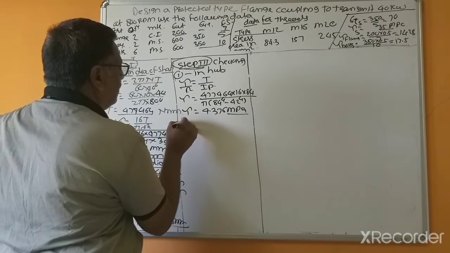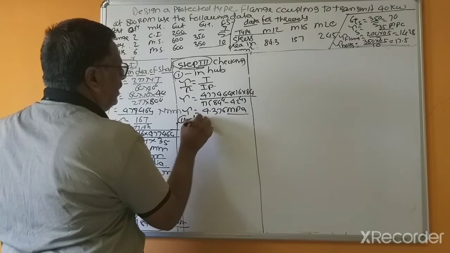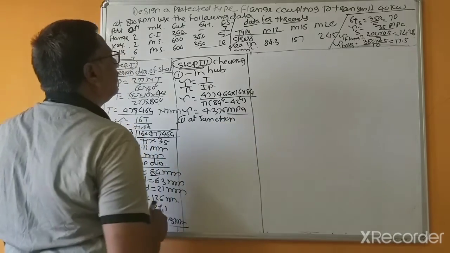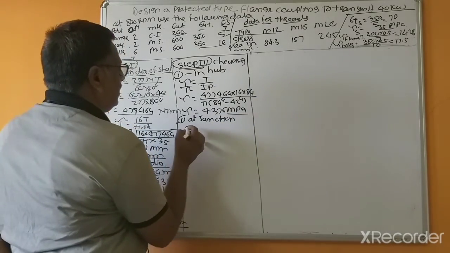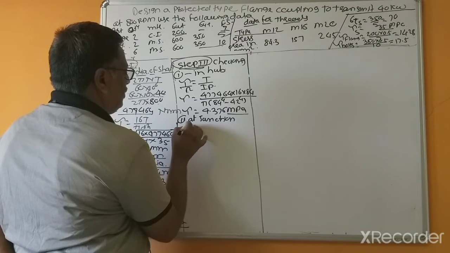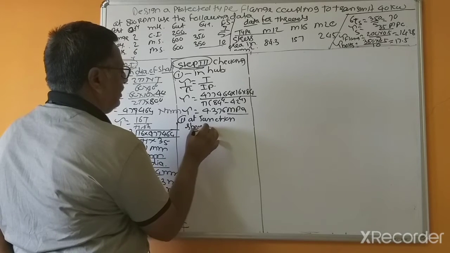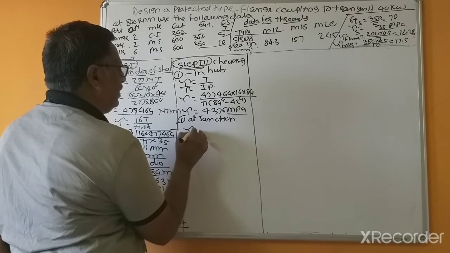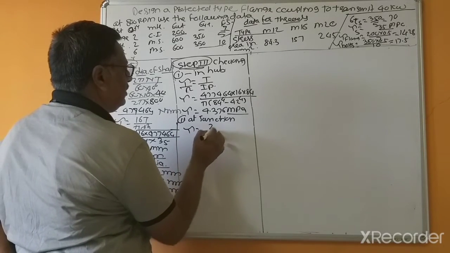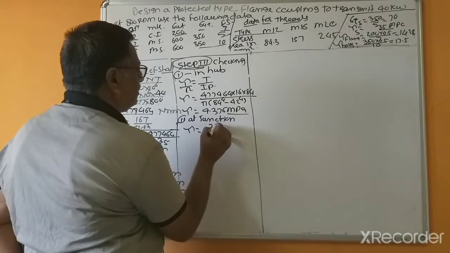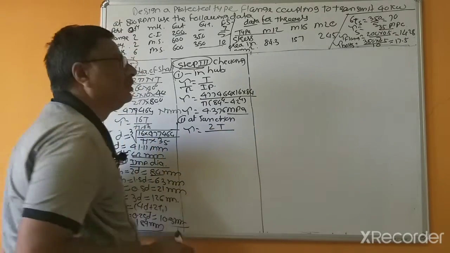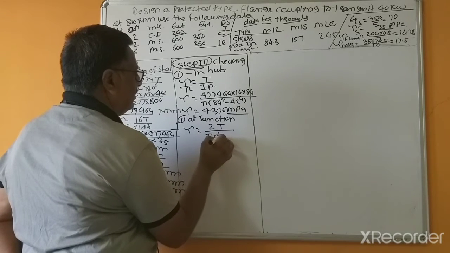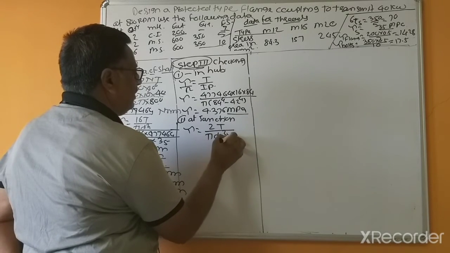Now at the junction, here is the shear area, or otherwise directly I use the formula, I think 2T divided by pi DH squared multiplied by tau.